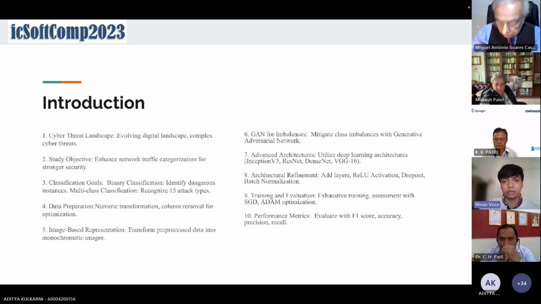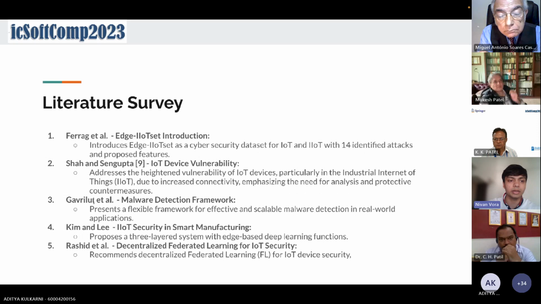The first layer detects whether the traffic instance is benign or malicious, and the second layer determines what type of attack it is if it is malicious. So that's the introduction. I would like to hand it over to Ayush to start with the literature review.